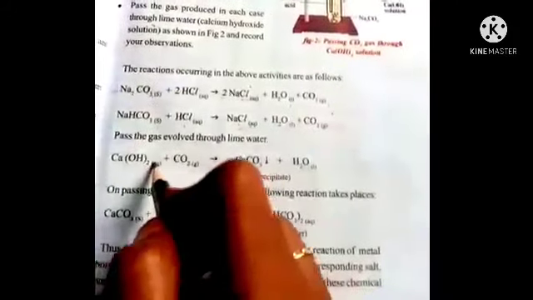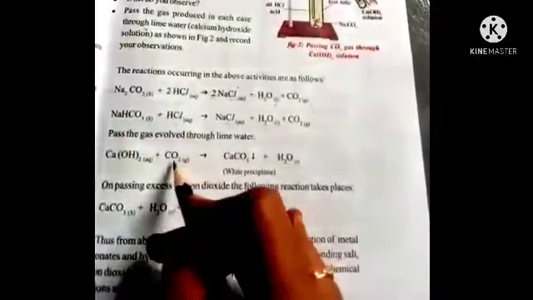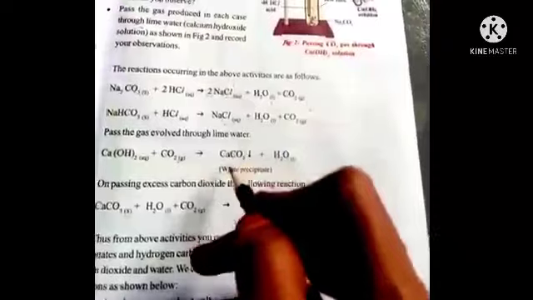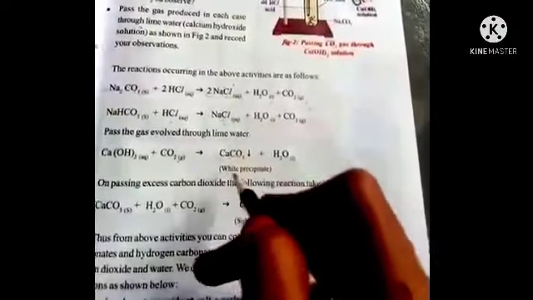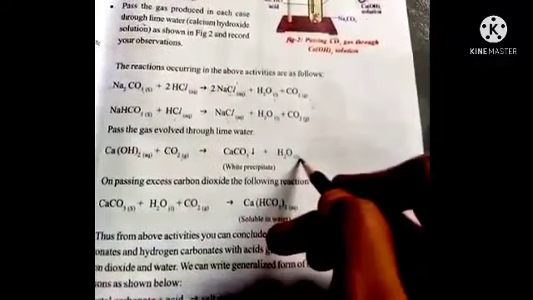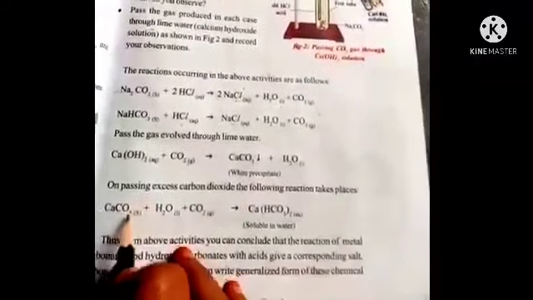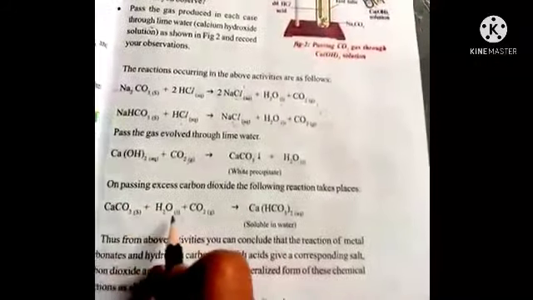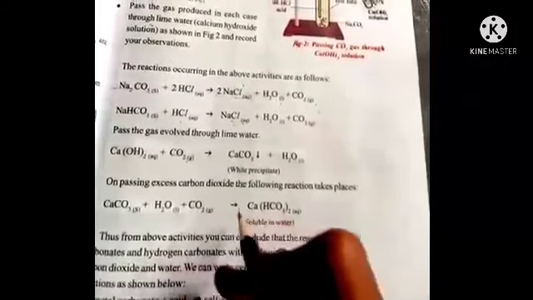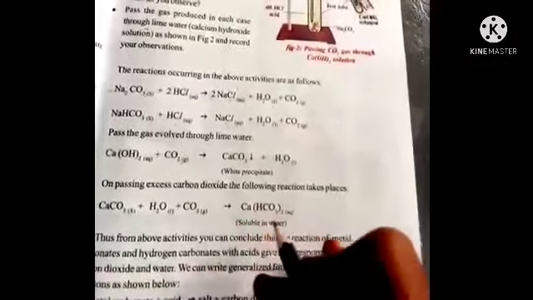Here calcium hydroxide reacts with carbon dioxide gas and gives calcium carbonate, a white substance, that is the white precipitate, plus a water molecule. Again, calcium carbonate plus water plus carbon dioxide gives calcium hydrogen carbonate, which is soluble in water.